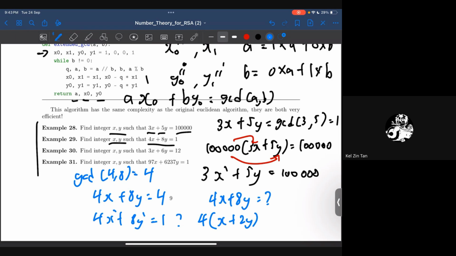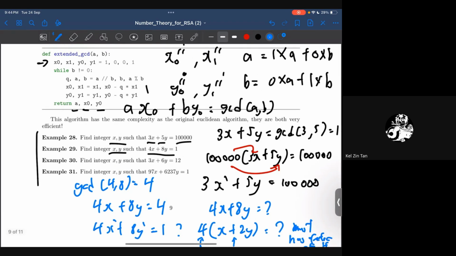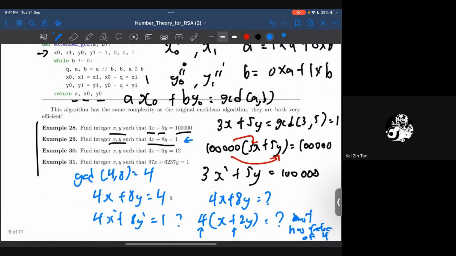So this is an integer, this is also an integer, so the result here must also have a factor of 4. That's why 1 does not work, because 1 does not have a factor of 4. Unless you allow decimals, but here we are only interested in integer solutions. So there is no integer solution for this identity.